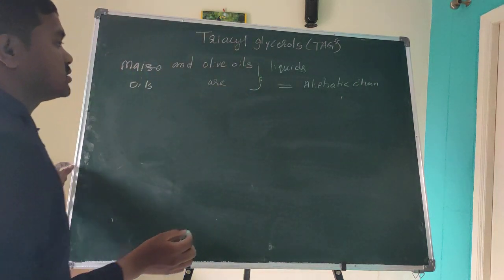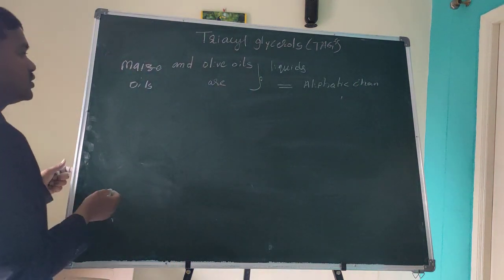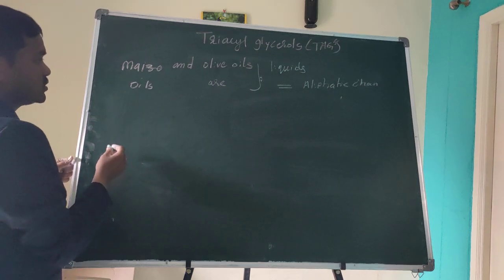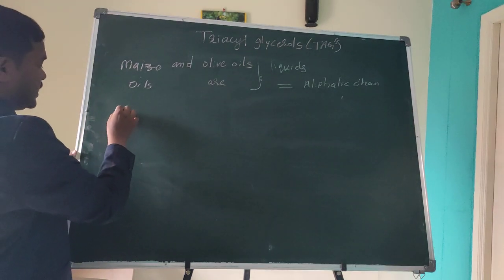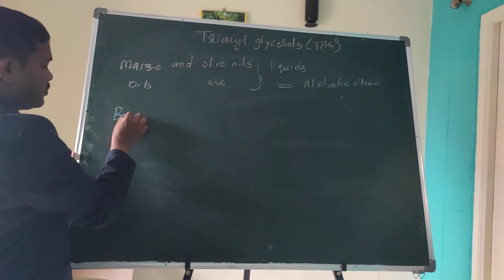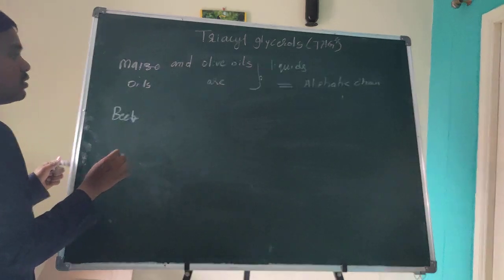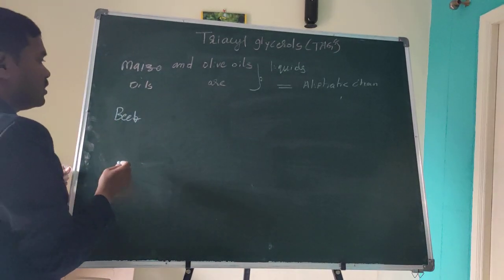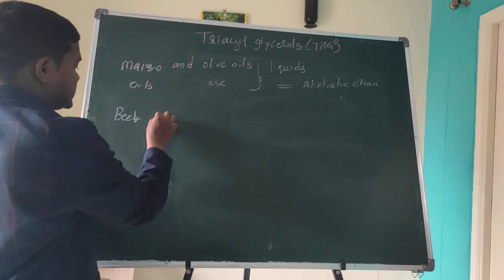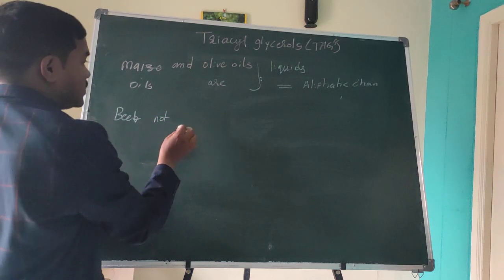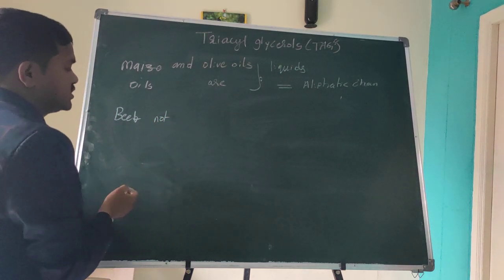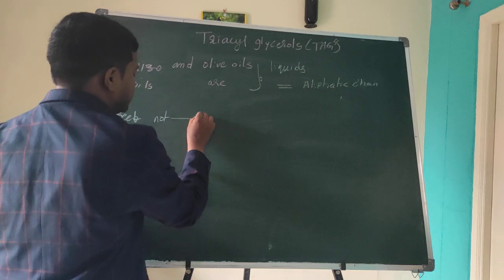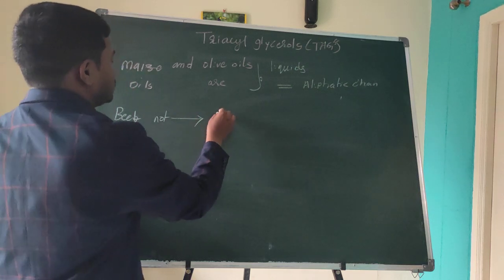In contrast, animal fats like beef do not have double bonds in the aliphatic chain, hence these fats are solids.